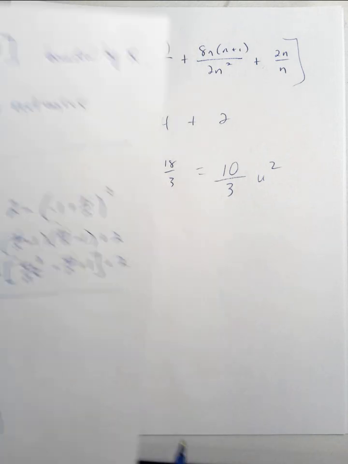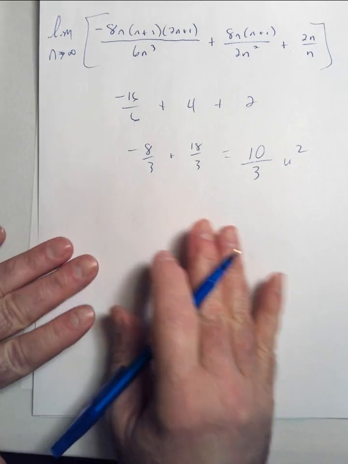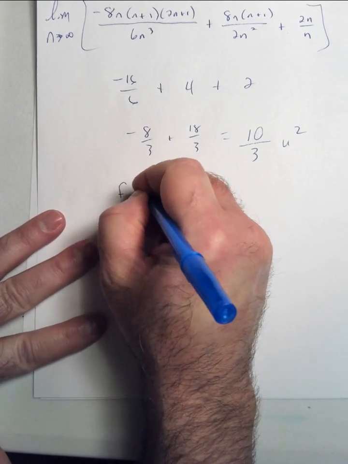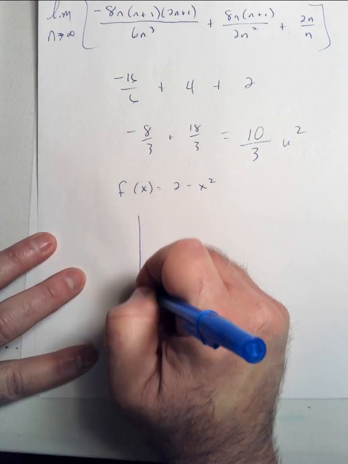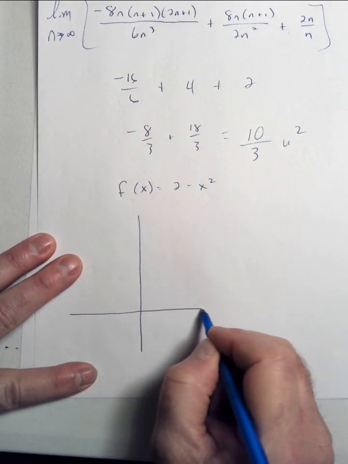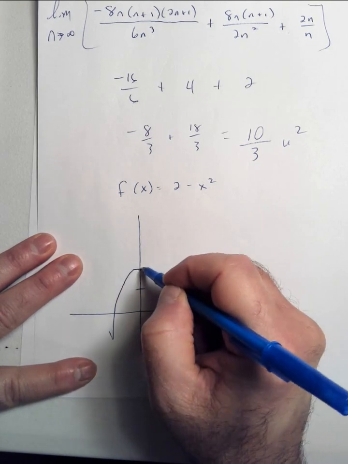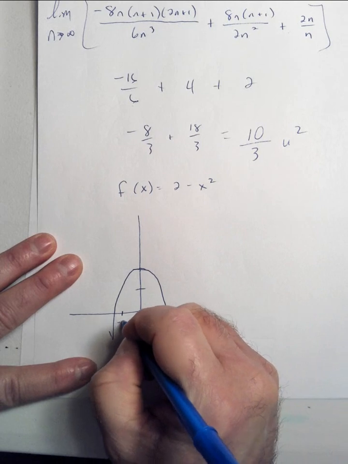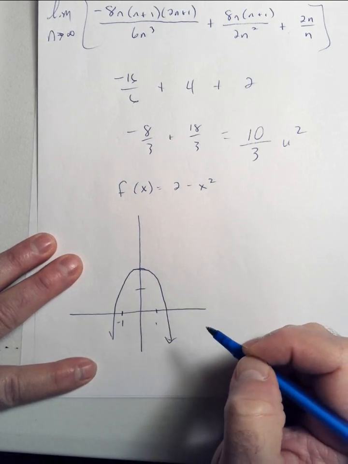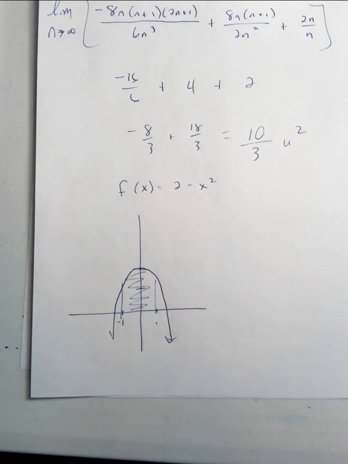10 thirds represents, and if you remember what the function was, it was 2 minus x squared. So if we take a look at that graph, it looks like this. And we're on the interval from negative 1 to 1. So we're looking at finding that area.